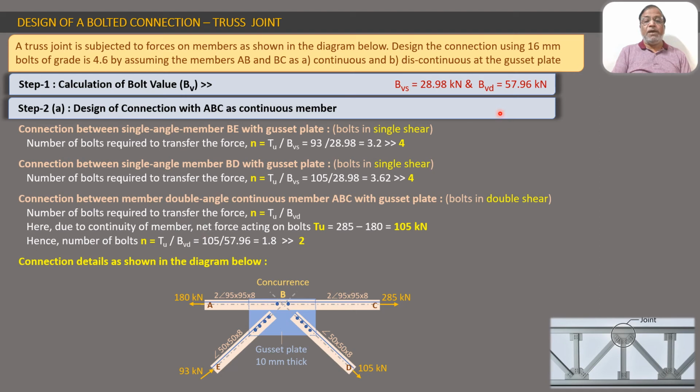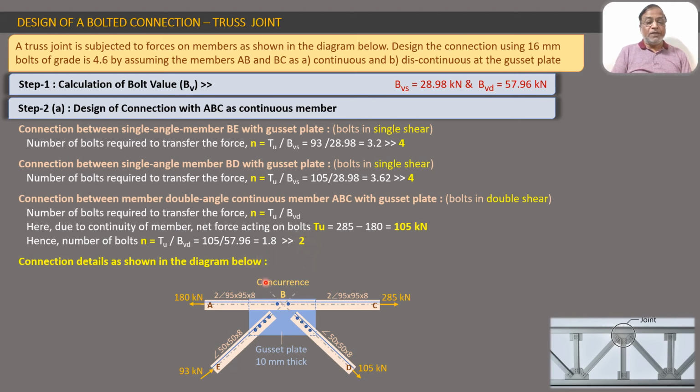So this BVD we have to take. So this will be 105 TU upon 57.96. So this value is to be taken carefully. This is a typical source of a mistake. So this division will give us the value 1.8. It means that you require 1.8 bolts. So obviously we will have to round it up to 2.